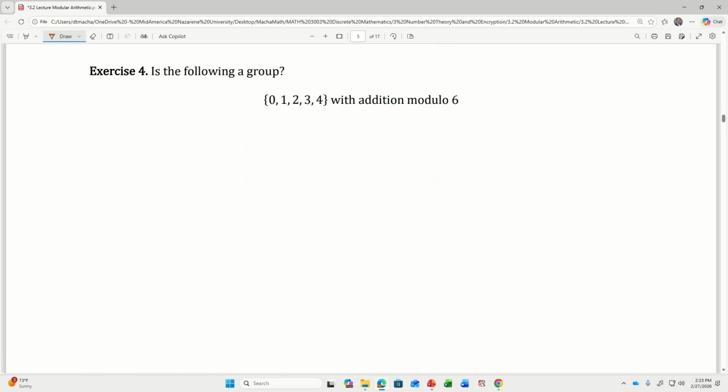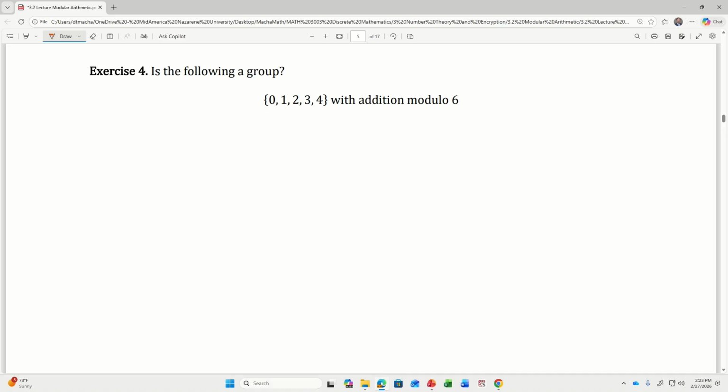Moving on, is this one a group? I've got a 0. Does it have closure? I think so. What about 2 plus 3? What's 2 plus 3 mod 6? It's 5.